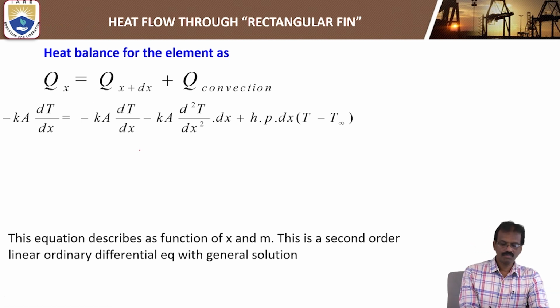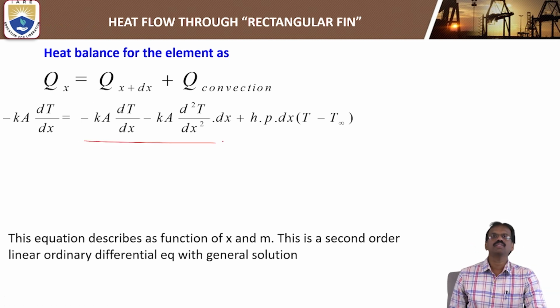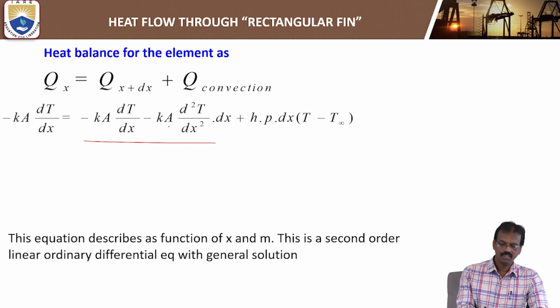For x plus dx, taking the derivative, it is minus kA dT by dx minus kA into d square T by dx square into dx.